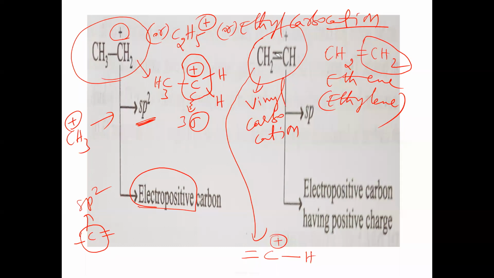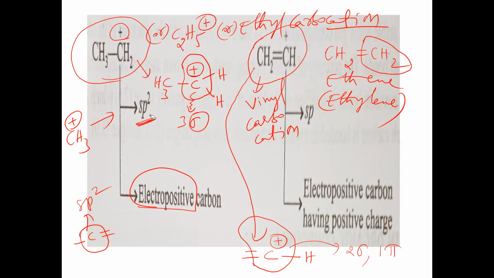Around this carbon there are 2 sigma bonds, 1 pi bond, and positive charge. It is an sp carbon. Remember, a double bonded carbon with positive charge is sp carbon, and a carbon with all single bonds around it and positive charge is sp2 carbon.